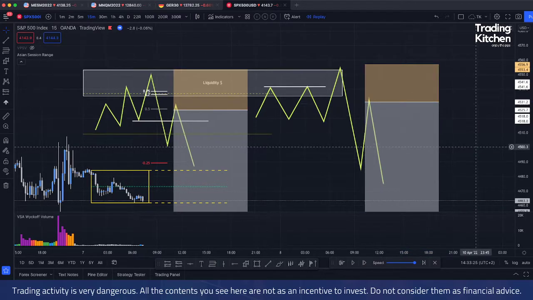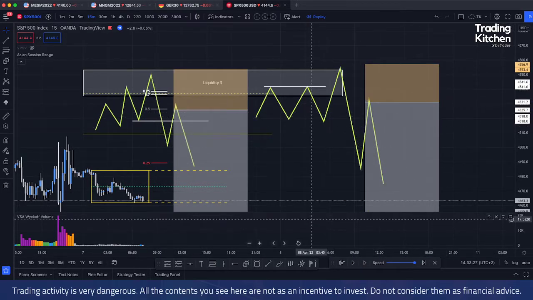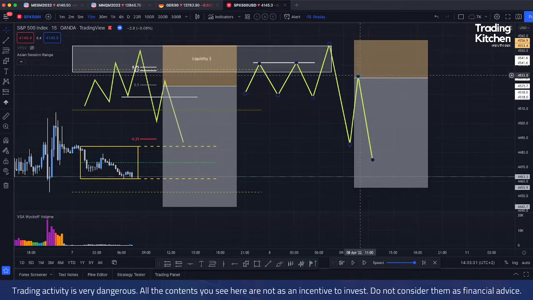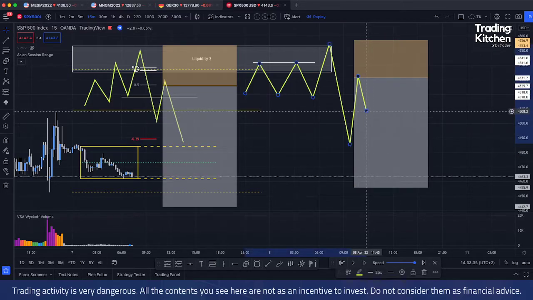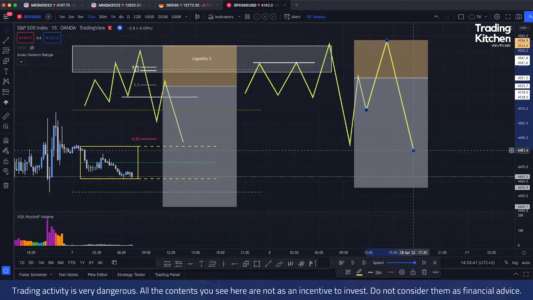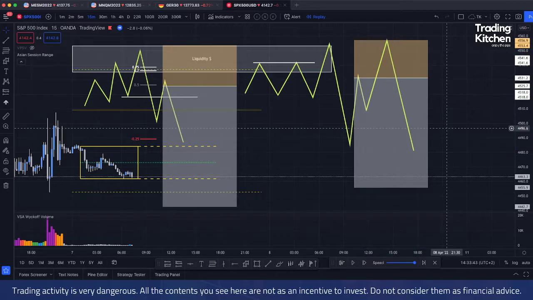The one thing that can happen is that price makes another high, and then a strong movement to the downside.